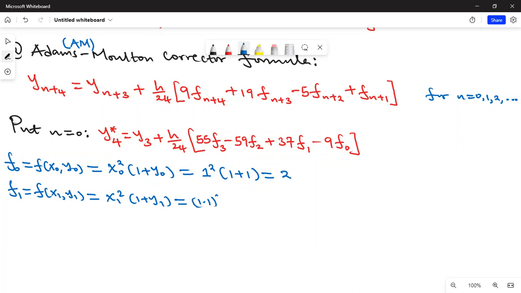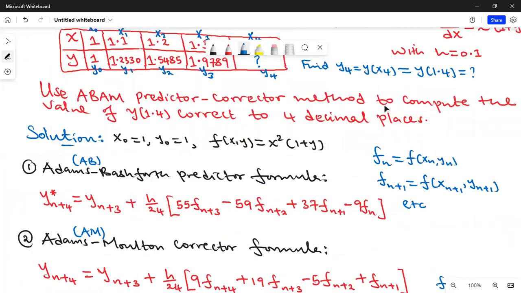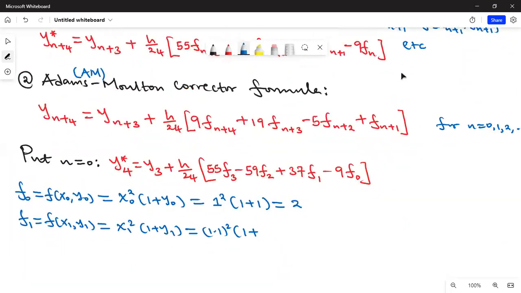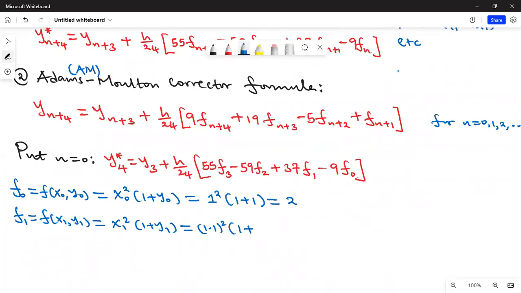You square it, then 1 plus our y1. Let us read it from the table. That is 1.2330. When you press this in your calculator, you need to get 2.702.